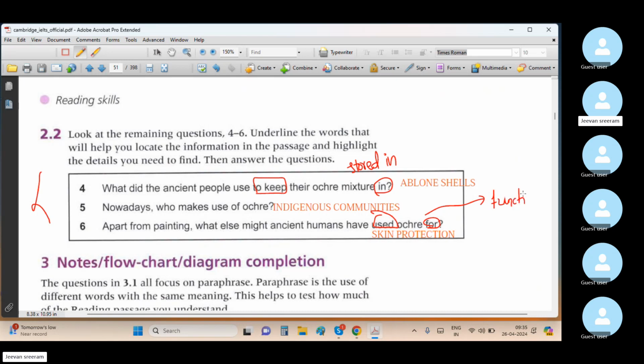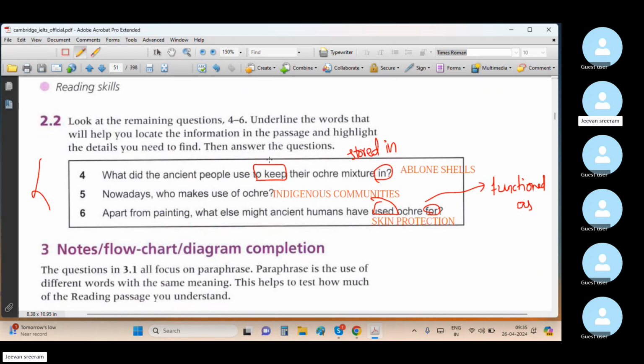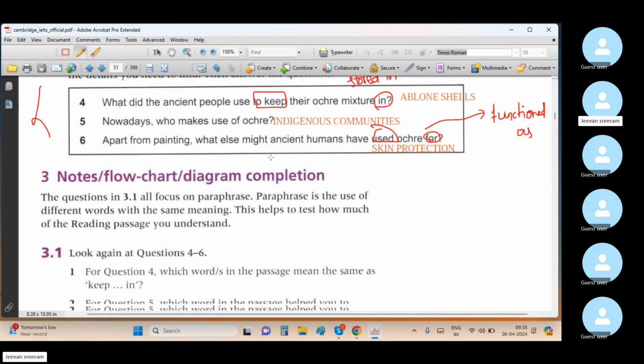You can find the same meaning in the phrase functioned as given in the passage. Okay, are you all with me? Are you all able to follow the things clearly? Yes, sir. Shall I move on?